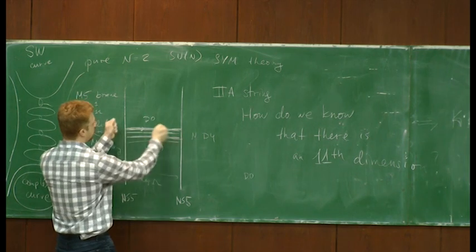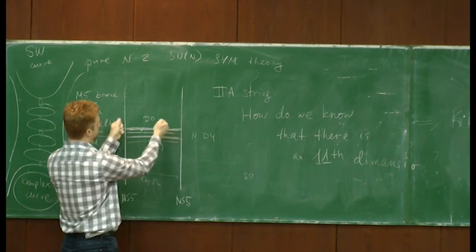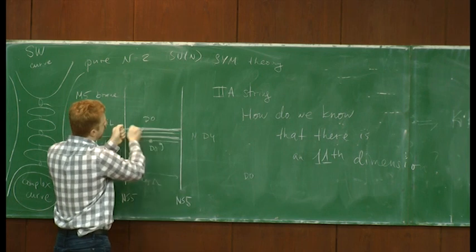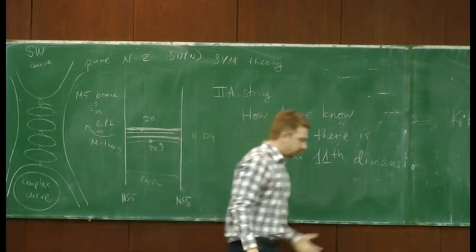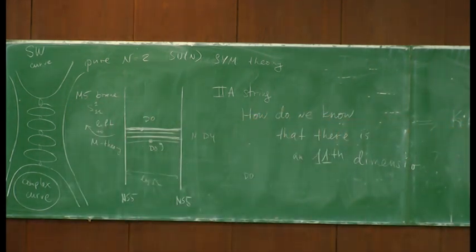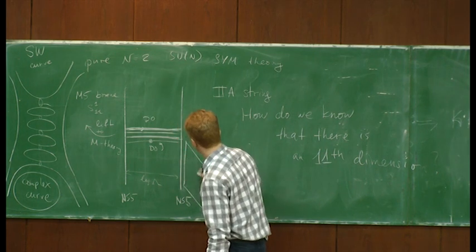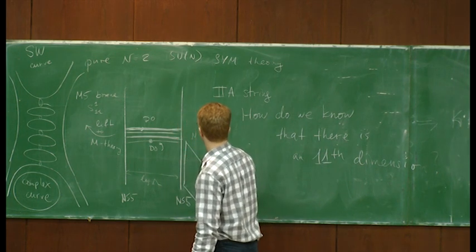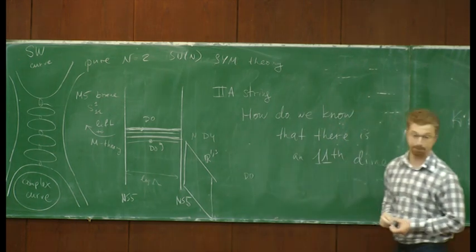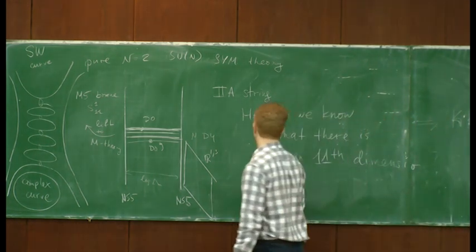And so you want to take into account these trajectories of the D0 branes, the Euclidean trajectories, which in the physical 4 dimensions where the gauge theory is living, will be localized both in space and time.